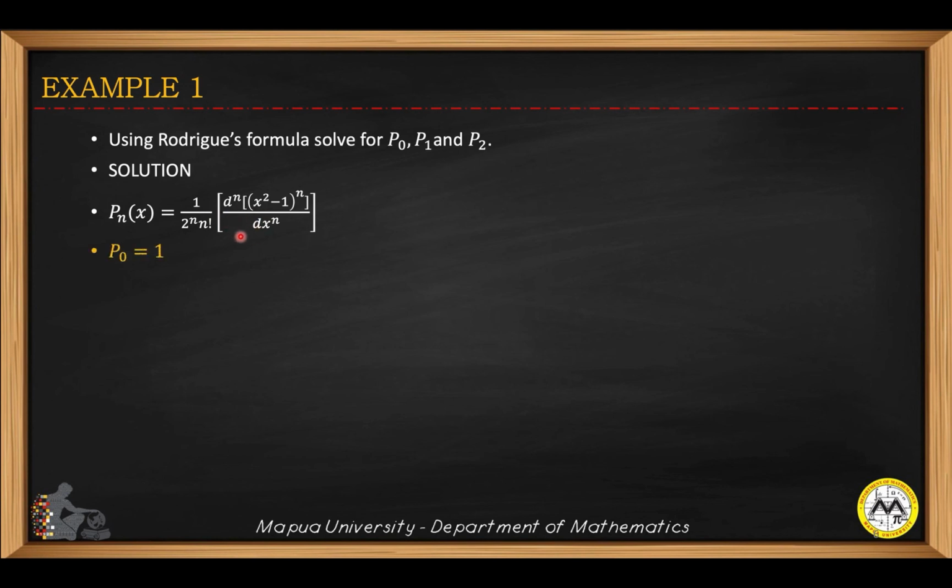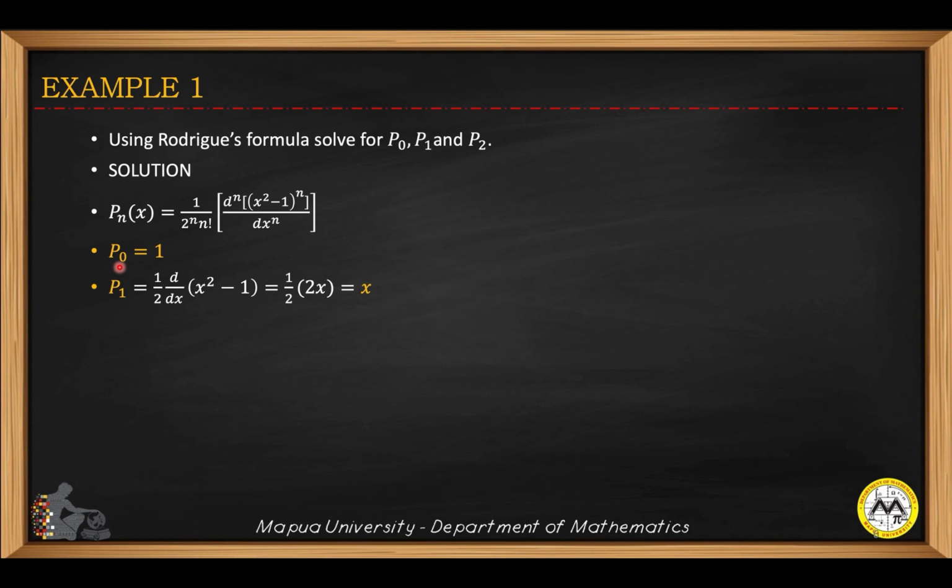When n is equal to 0, we get P sub 0: 2 to the 0 is 1, 0 factorial is 1, and the 0th derivative leaves a constant. We have (x squared minus 1) raised to the 0, which is equal to 1. Therefore, P sub 0 is equal to 1.